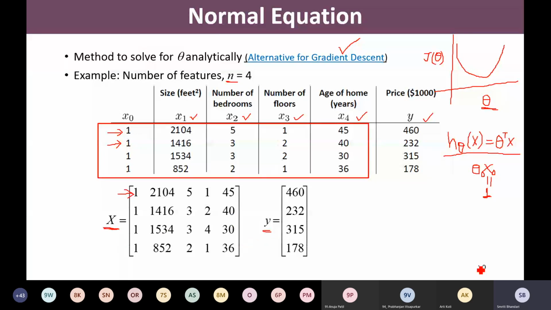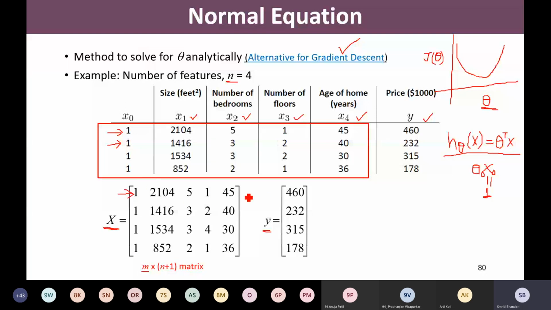So what is the dimension of this X? Dimension of this X is m by n plus 1. What is m? Number of examples in my training data set, so I'll be having those many rows, m. And how many columns?